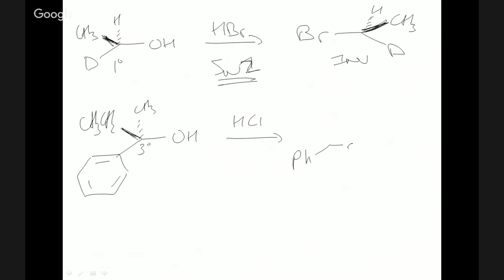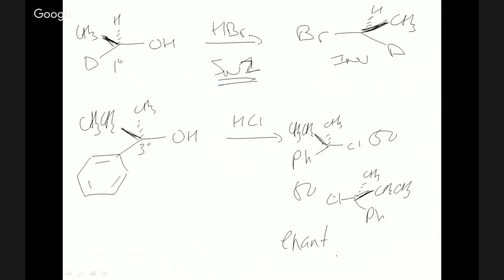We get the retention and we get the inverted. (50, 50). These are enantiomers. Get both products. Why? We go through carbocation. Cl minus attacks from the front or the back. Okay? So work through those, understand the stereochemistry.